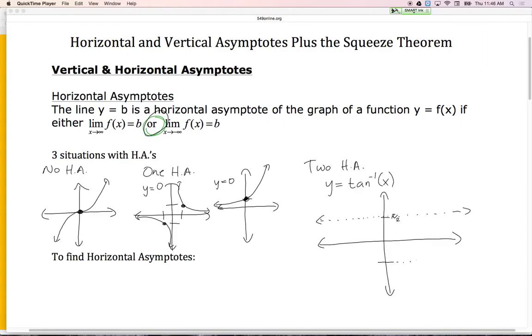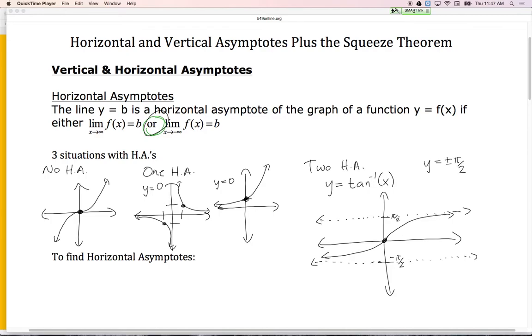But we had to restrict it for it to be a function. So we restricted it between two asymptotes. And it looked like this. Kind of looked like a lying down disco curve, but a lying down disco curve goes up forever, where this approaches an asymptote. And that was the inverse tangent. And this had two horizontal asymptotes. It had a horizontal asymptote at pi over 2 and negative pi over 2, so we could say it's plus or minus pi over 2.